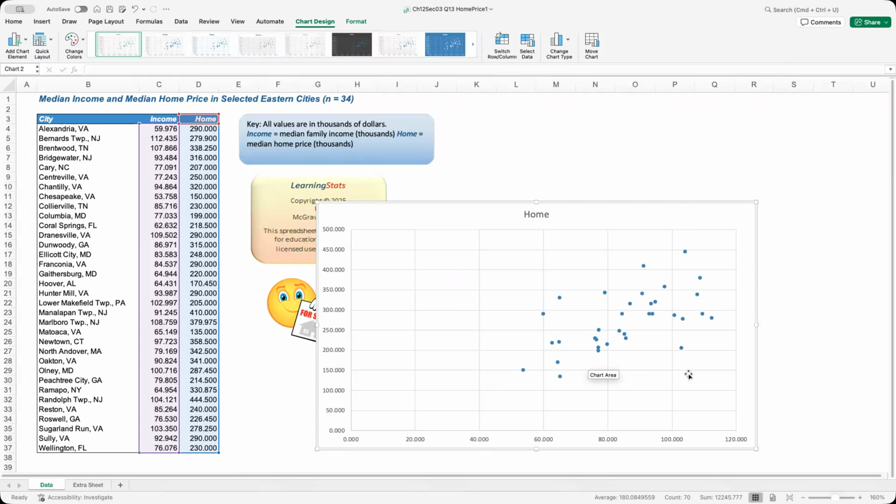Looks like a positive one to me. As median income increases, home prices appear to increase. But this isn't a very narrow band of dots. This is kind of spread out. So I would expect my correlation to be positive, but not really all that close to 1.